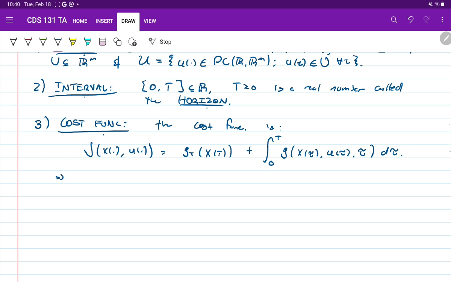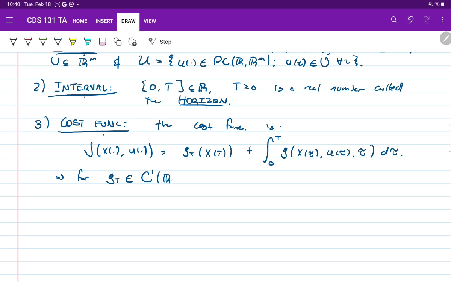And here, my stage cost g and my terminal cost g_T will be continuously differentiable. This will just make the problem nice and easy for us, okay? So this is for g_T, a continuously differentiable function, which I'll write as C1 for once continuously differentiable.